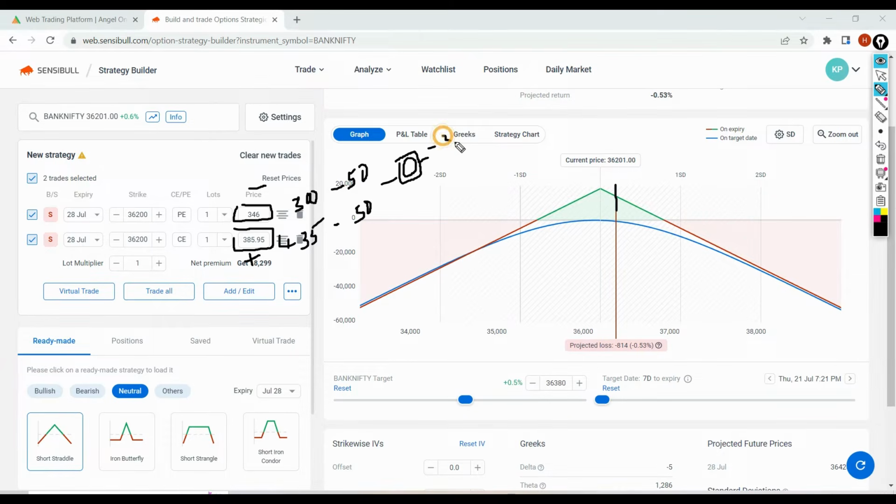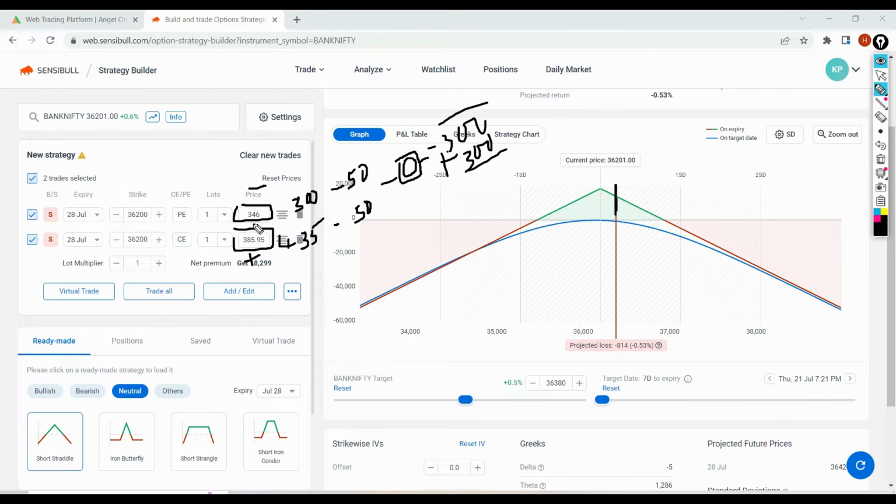It can be minus 300, or it can be plus 300. But your trade is imbalanced, because the delta of the call side will be high and the delta of the put side will be low. So if it makes another 100 points, the call premium will increase like anything, because the delta of the call is very high.